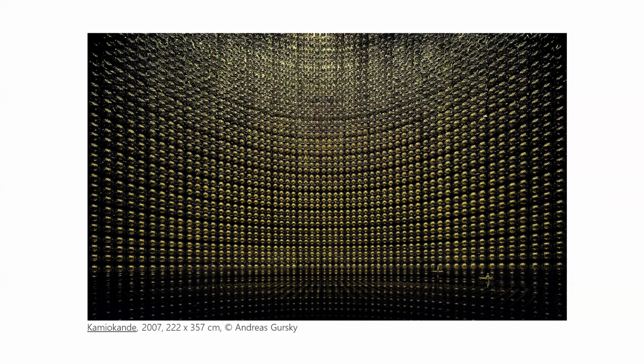The point of this detector, which is underground, is that it's not collecting the ones that are coming to Japan. It's collecting the ones that are coming from the other side of the Earth, because it's only the ones that have gone through most of the Earth, or through the core, that have been slowed down enough that this collector, with these gold balls and this pool of water in the bottom, I don't know how it works, but anyway, only the neutrinos that have been slowed down enough will actually be observable in this collector.